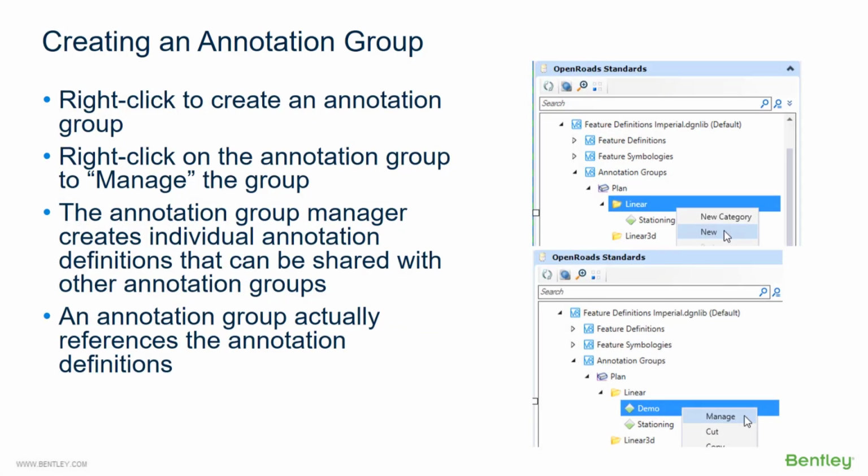To create an annotation group, you want to right click to create the annotation group. You'll see the example there. Right click on the annotation group then to manage that group. The annotation group manager creates individual annotation definitions that can be shared with other annotation groups. An annotation group actually references the annotation definition.